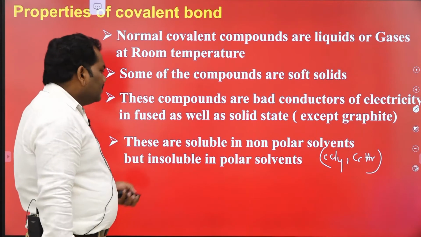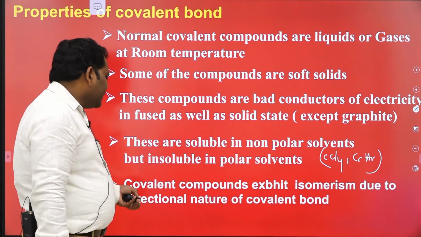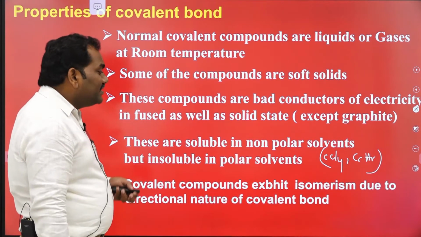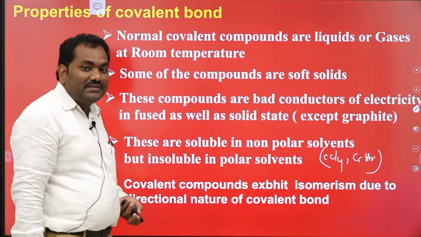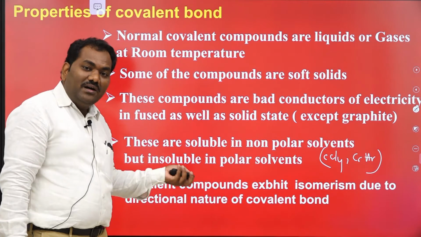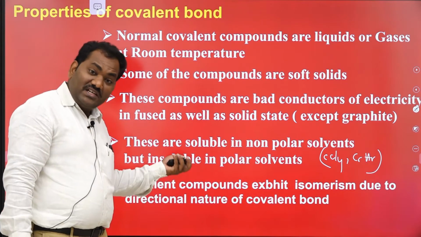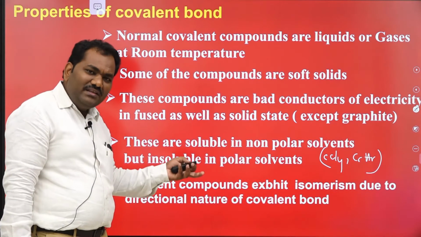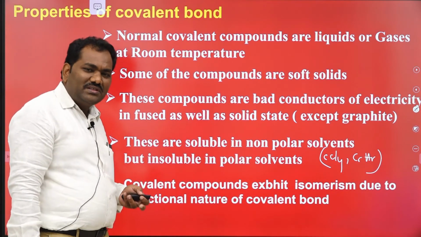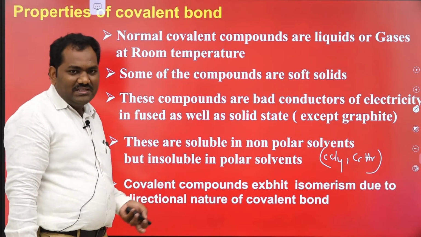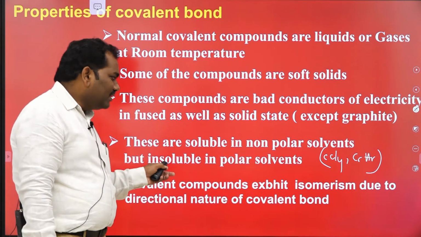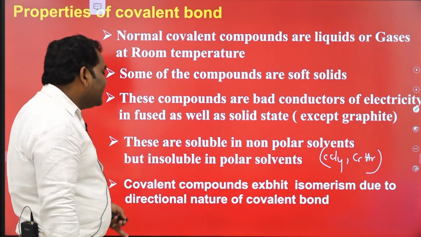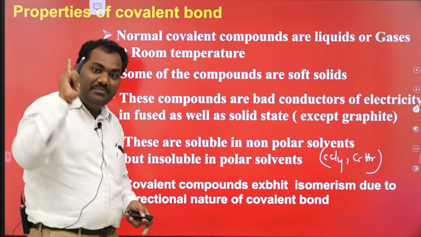Similarly, the last and most important point is that covalent compounds exhibit isomerism. These compounds exhibit structural isomerism as well as stereoisomerism. Generally, ionic compounds exhibit only structural isomerism, but covalent compounds exhibit stereoisomerism due to the directional nature of the covalent bond.